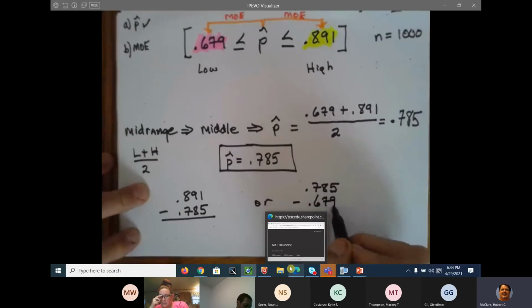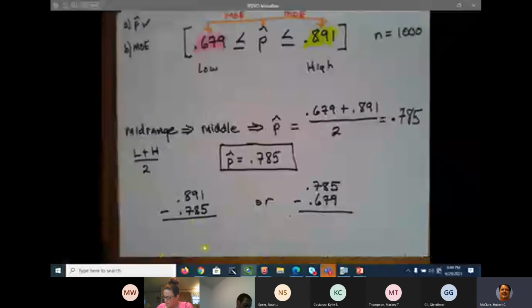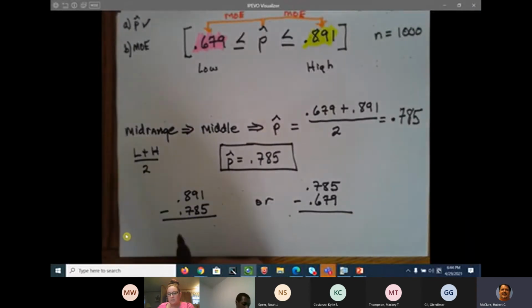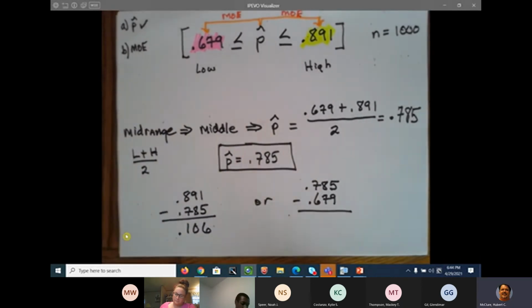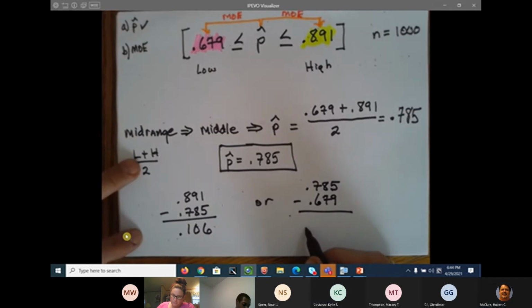Now, I want somebody to do one of each. The one on the left is 0.106. And what's the one on the right? The same thing. It's a miracle.